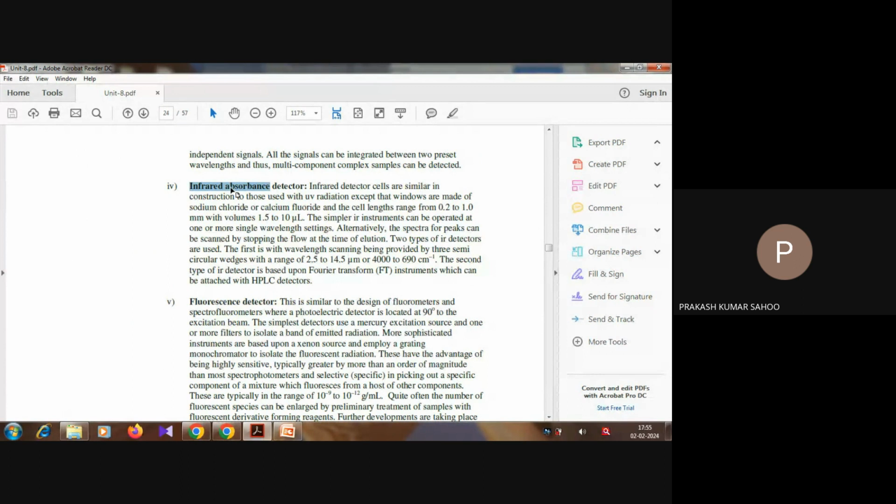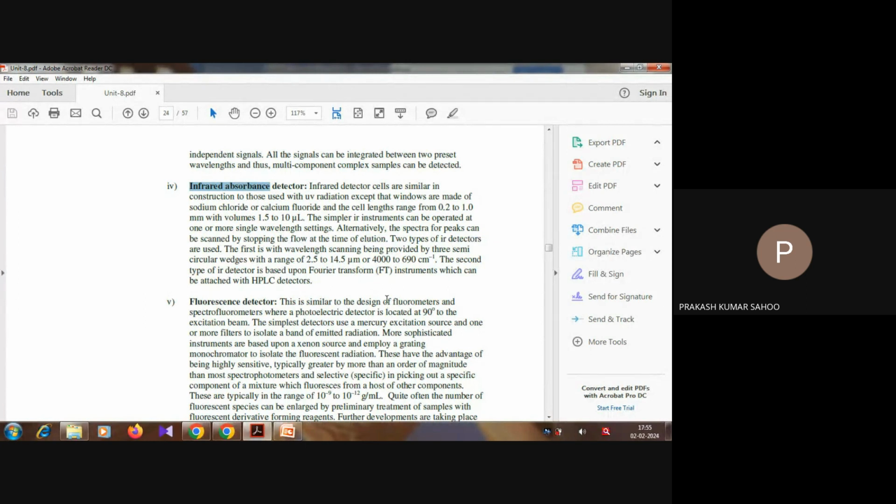So in IR absorbance, we measure two types of things: the stretching frequency and the bending frequency. Different organic functional groups have different stretching and bending frequencies. So from the data of the stretching frequency and bending frequency, the presence of different functional groups in a component of a mixture can be predicted easily.